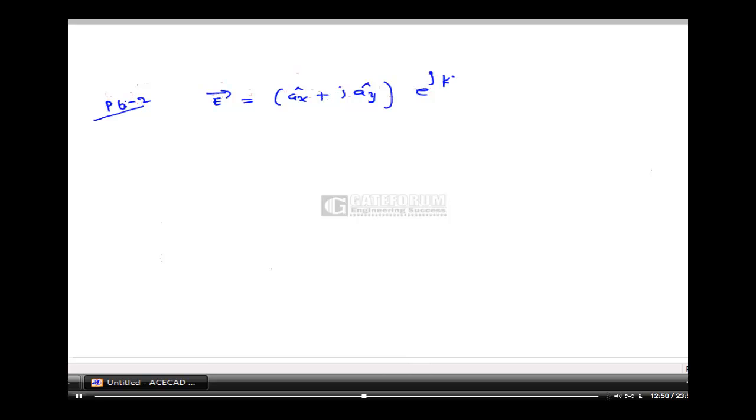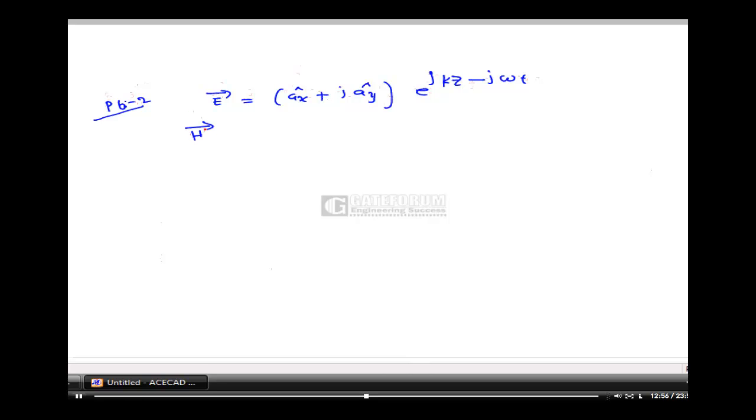Next problem is based on the Poynting vector only. Problem number 2, of course. The electric field is given by (Ax plus j Ay) e power j kz minus j omega t.